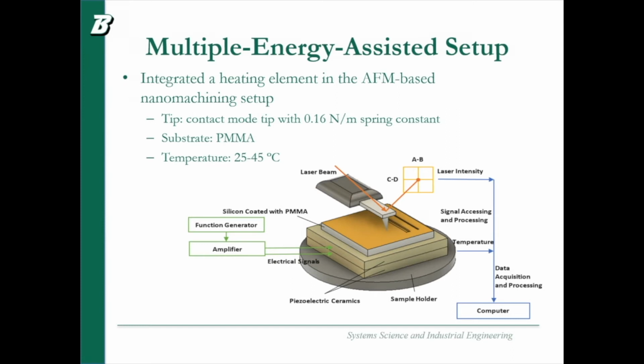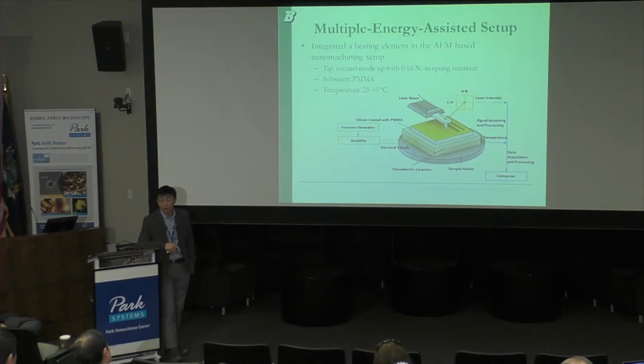So doing experiments, we set a lower temperature first and gradually go up. Even though we can go more than 100 degrees C, we are trying to limit it. And we can see even increasing from room temperature to 45, we got very different results in terms of the trenches.